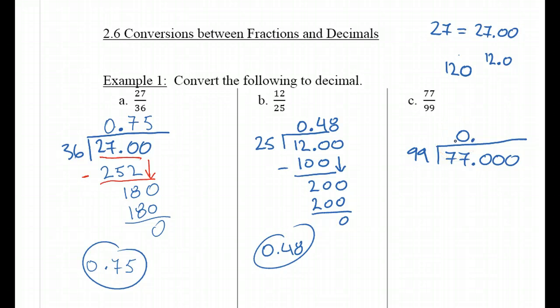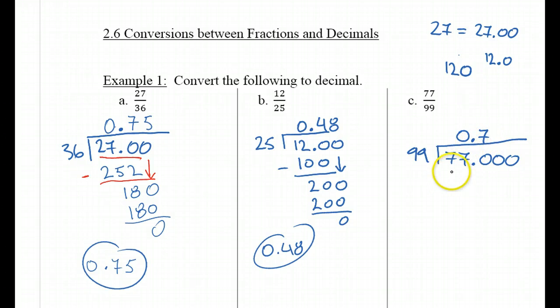99 goes into 77 0 times, so we have to go over to 770. 99 goes into 770 7 times. And then 7 times 99 is, well, 7 times 100 is 700, so I have 7 less.